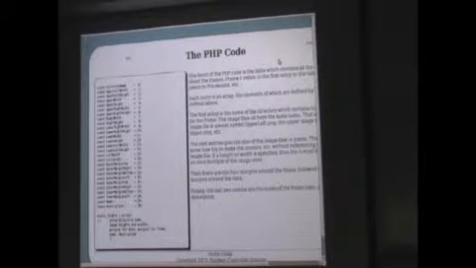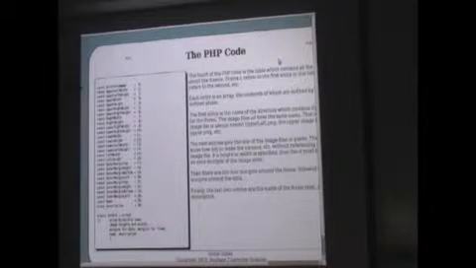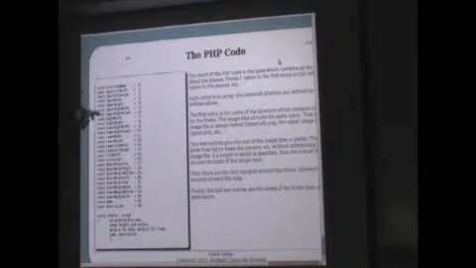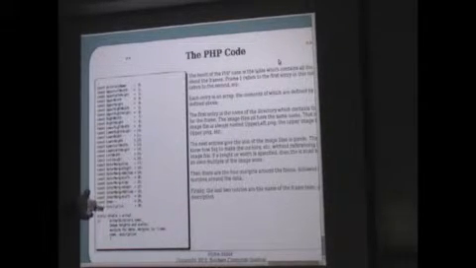Okay, this is the start of the PHP code. Like it says here, the heart of the code is a table which I made. I gave names to each one of the entries in an array.